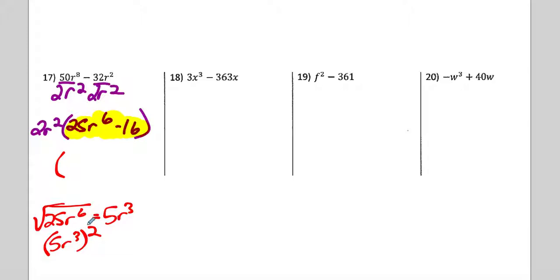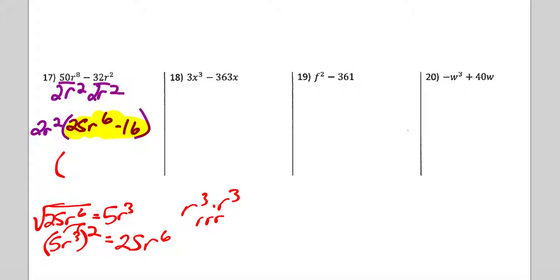A lot of you are probably believing the 25. But remember here, when we're taking an exponent to an exponent, we multiply the exponents. So 5 to the 2nd power is 25. R to the 3rd to the 2nd power is r to the 6th. If you don't like that, think about it as r to the 3rd times r to the 3rd.